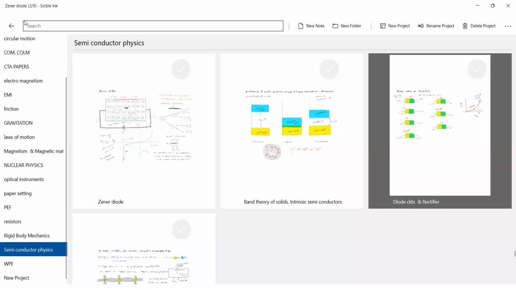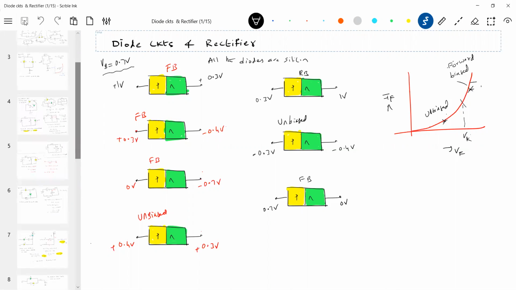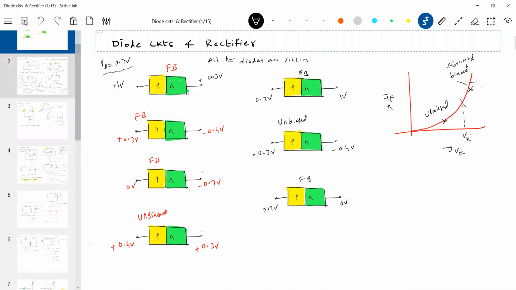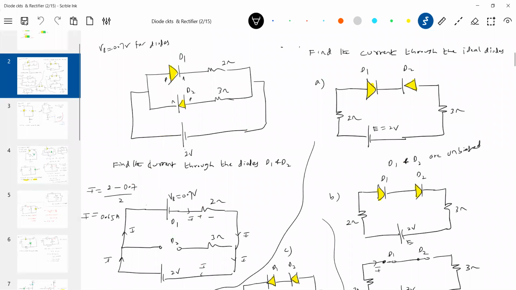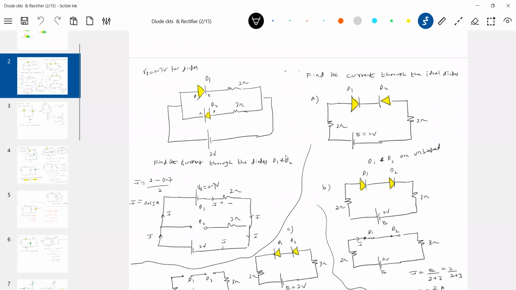I think this one, no? Diode circuit, rectifier. Okay, yeah. 10th problem, sir. Second. Sir, can you explain? This one? Inside part. This one or this one? This one, a bit, sir.